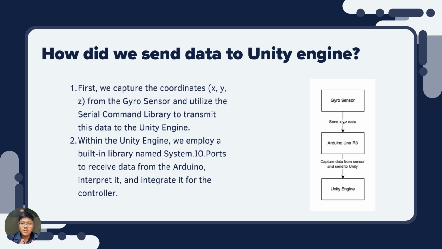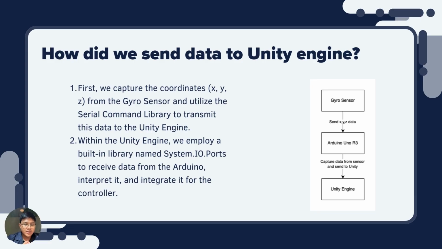I would like to explain how we send data to the Unity engine. First, we capture coordinates such as X, Y, and Z from the gyro sensor and utilize the serial command library in the Arduino IDE to transmit those data to the Unity engine.